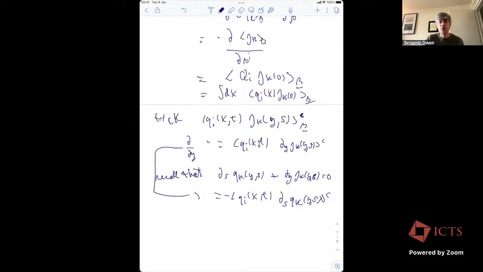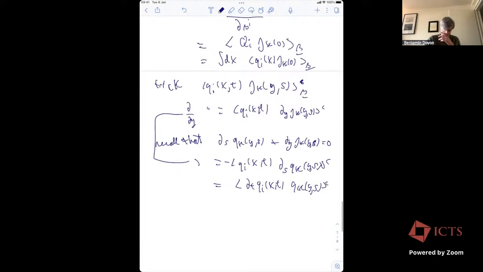And now I can use time translation invariance, the fact that this whole function depends on t minus s only, to say that it is the same thing as d/dt q_i(x, t) q_k(y, s), connected. Now I can use again the conservation laws. So this is minus d/dx j_i(x, t) q_k(y, s), connected.